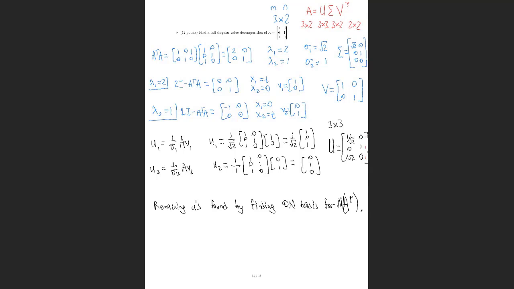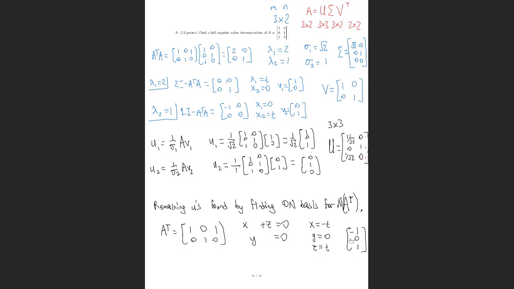So I will go ahead and do that. So here is A transpose. So to find its null space, we have x plus z is 0 and y is 0. So let's see here, y is 0. If z is t, x would be negative t. Okay. So then that would be a basis for the null space of A transpose.